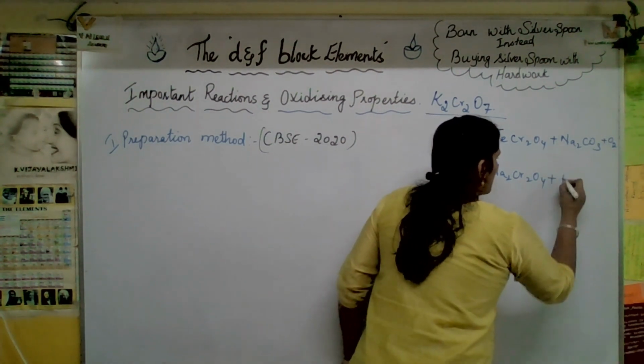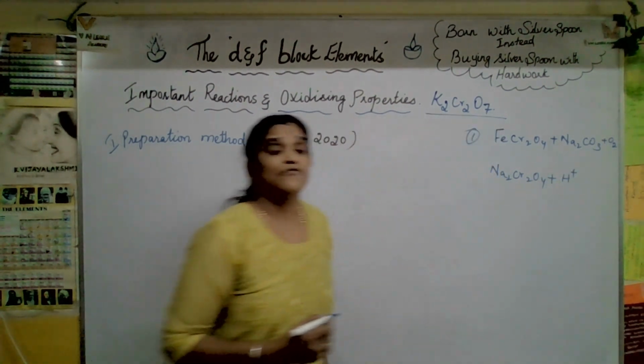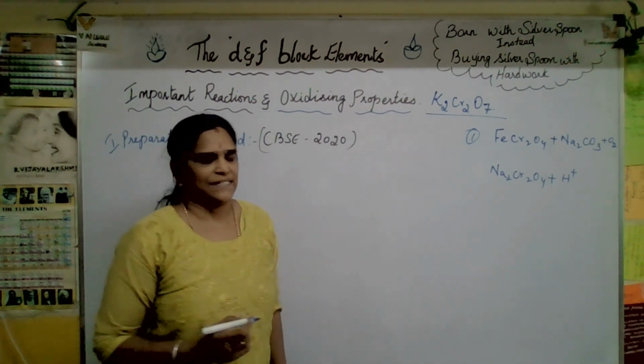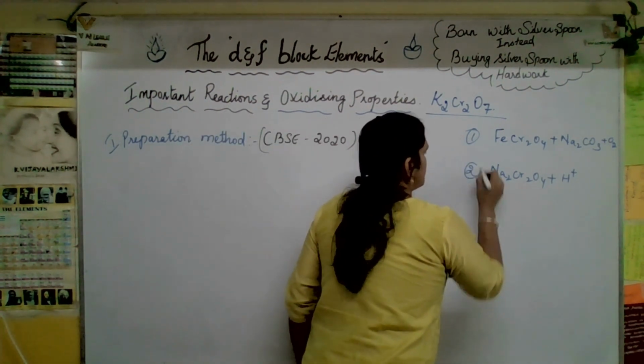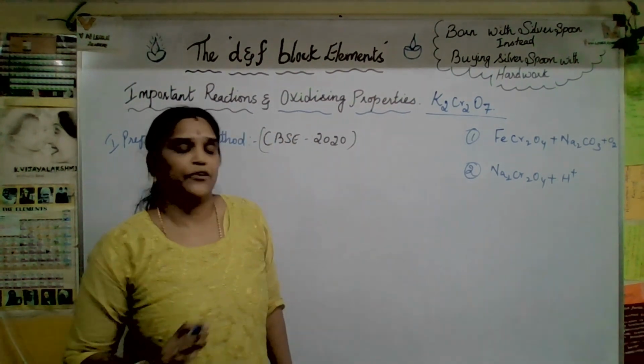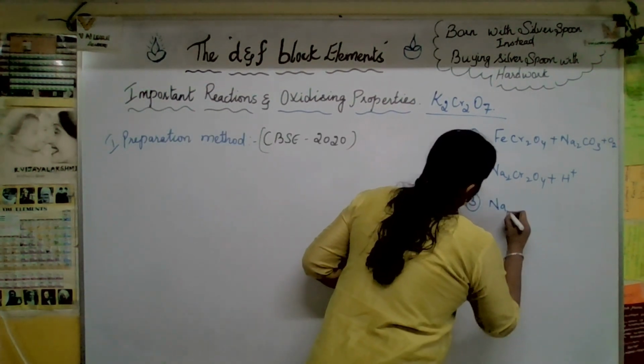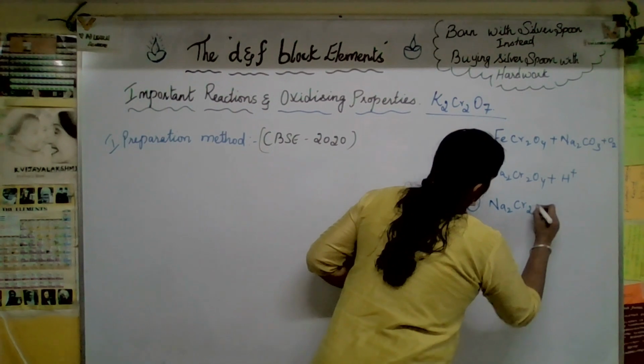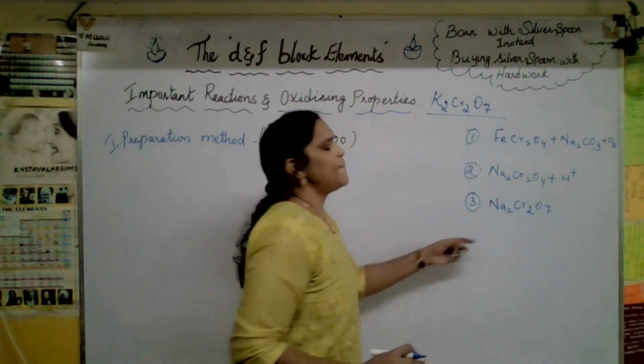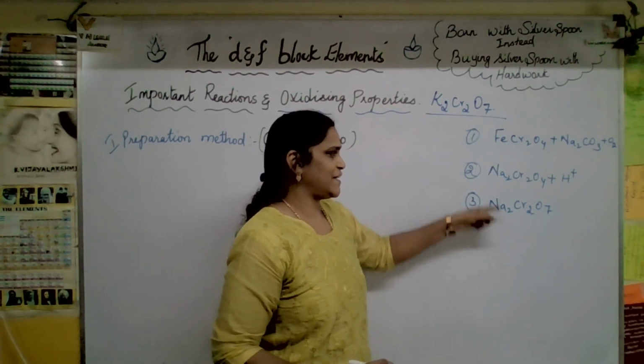This is combined with acidified sulfuric acid. So this is the second step. You will get Na2Cr2O7, sodium dichromate.